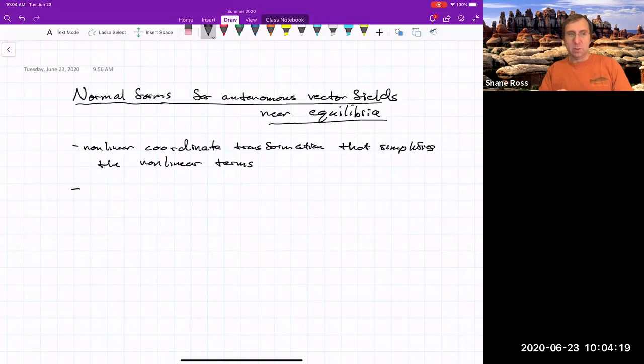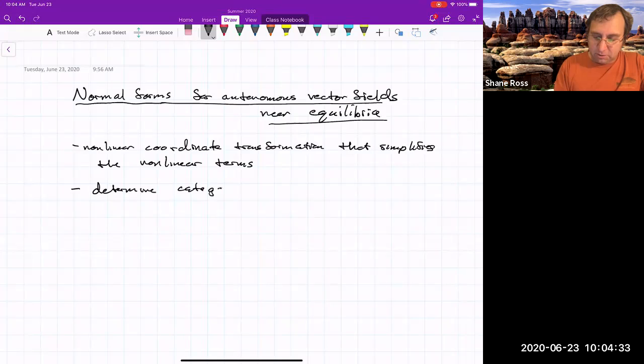And then if you could see if two different nonlinear vector fields have the same standard nonlinear form, then they are topologically equivalent. So this helps us determine categories of topological equivalence between systems.